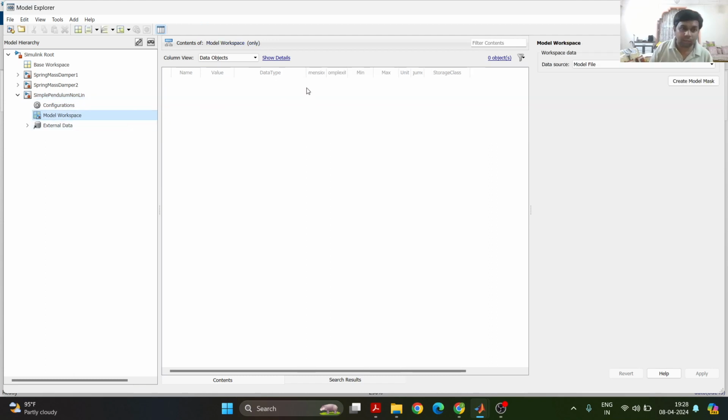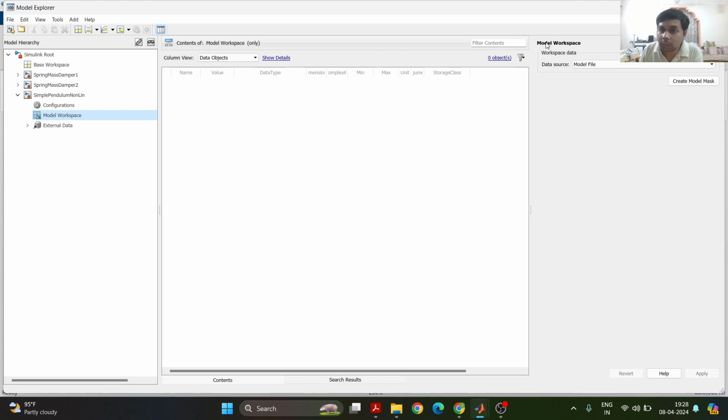The model workspace is basically a kind of MATLAB workspace which is specific to that model itself. So whatever parameter variable values, it can load into the model workspace instead of using the base MATLAB workspace.